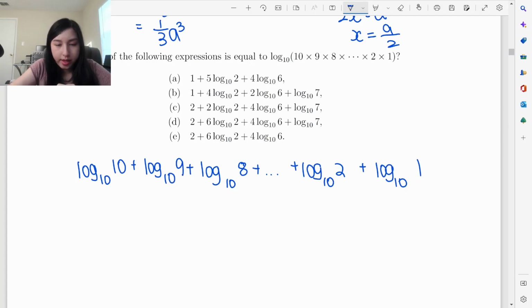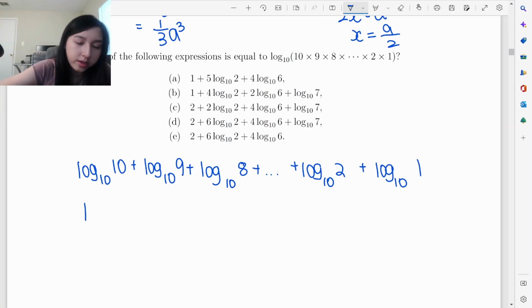Alright, and what did they put here? So we either have 2s, 6s, and 4s. We've got log 10 10, which is 1, log 10 9, log 10 8. Do we have to break it into 2s, 6s, and 7s?